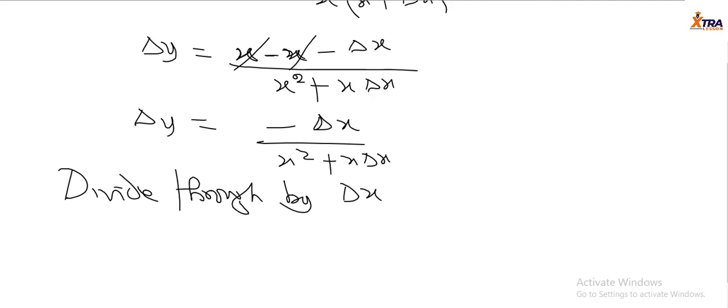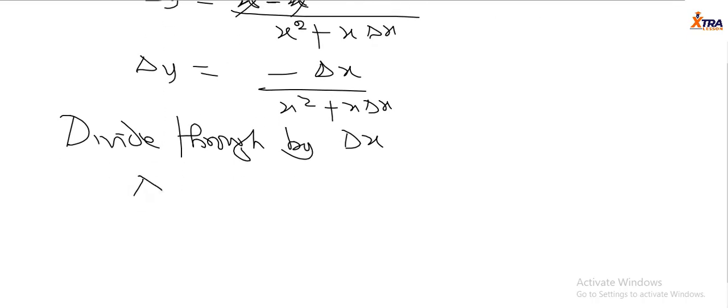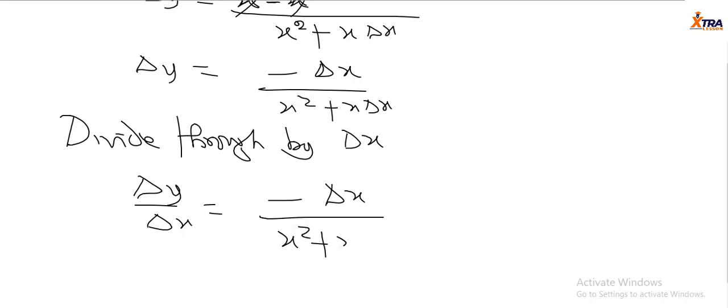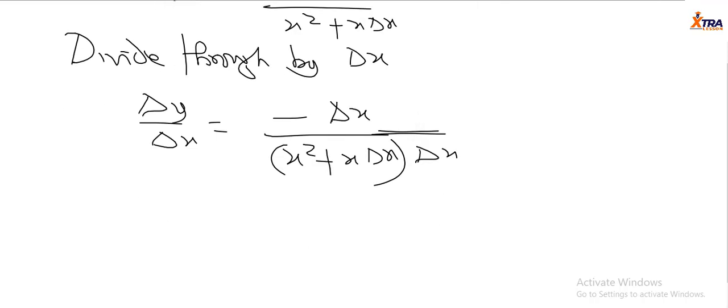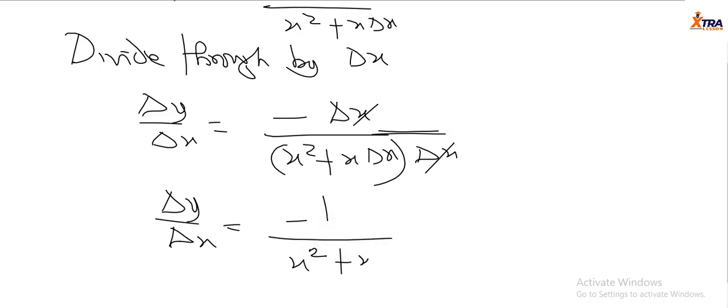So when you divide this by delta x, we have delta y over delta x equals minus delta x over x squared plus x delta x, divided by delta x. So then we cancel delta x, and have delta y over delta x equals minus 1 over x squared plus x delta x in brackets.